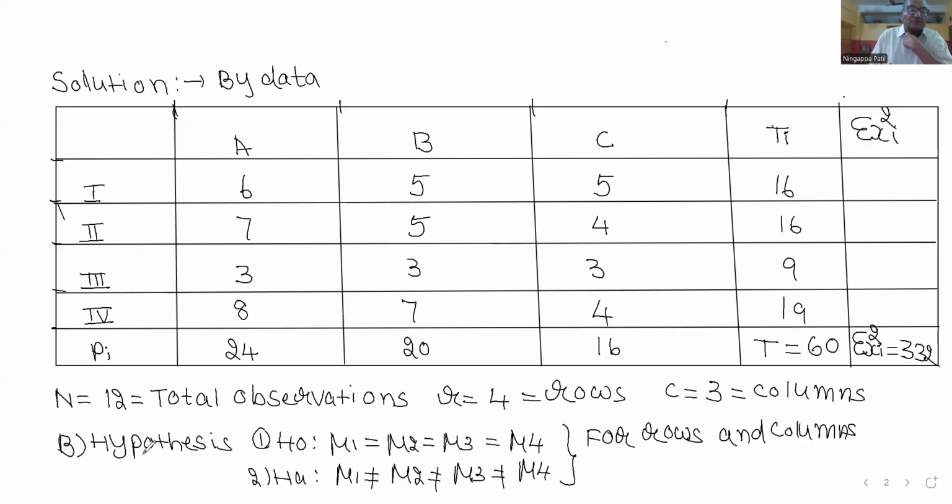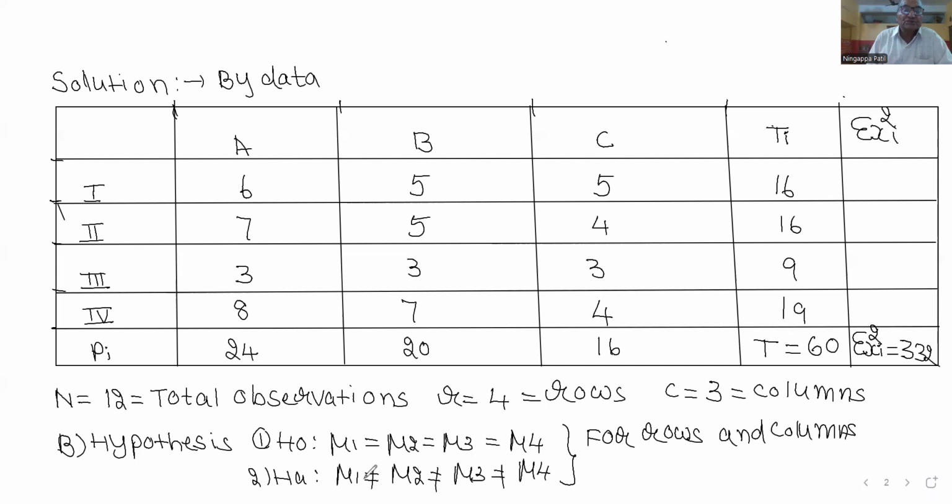And now state the hypothesis. H0 equal to, look here. Here, 3 columns are there, 4 rows are there. Whichever is more, that you take. So you take mu1 equal to mu2 equal to mu3 equal to mu4.